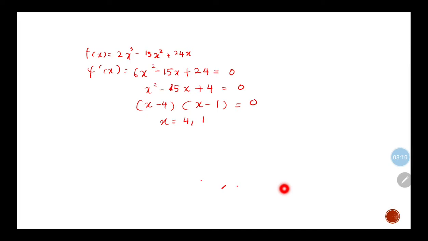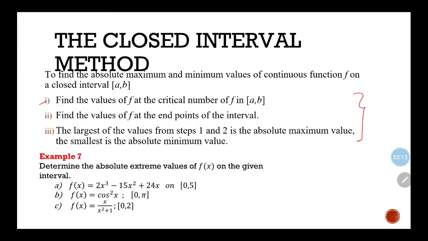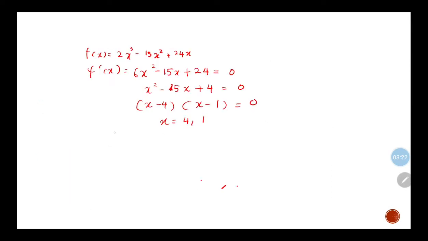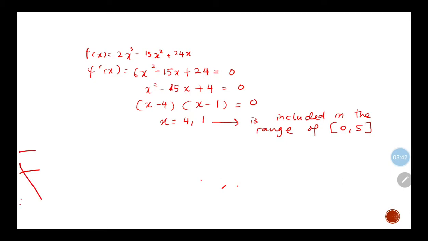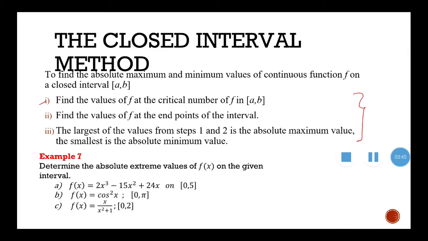Okay, now we have the interval. The interval is from 0 to 5. So 4 and 1, are they included? 4 and 1 are included in the range of 0 to 5. Okay, let's look here. Find the values of f at the critical numbers of f in (a, b).